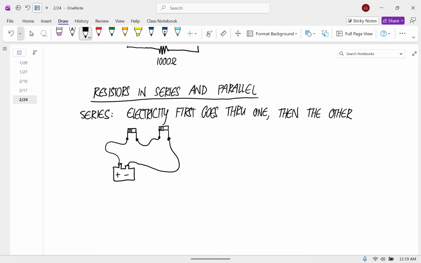So the key thing is, any electricity that goes through one doesn't have any other options. It has to go through the other one. That's the key thing about series resistors. As a schematic, it would look like this.